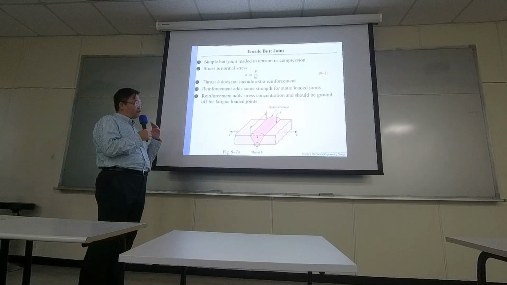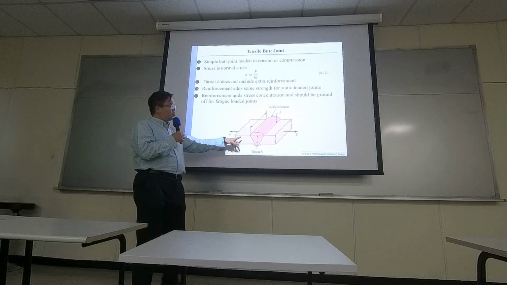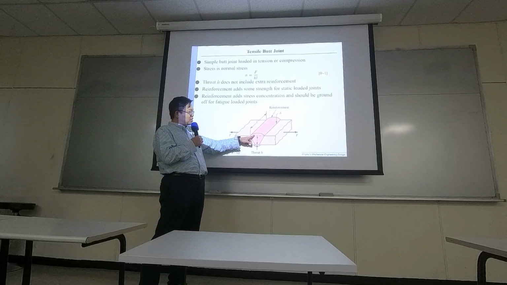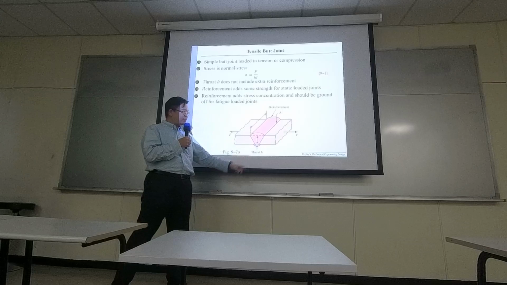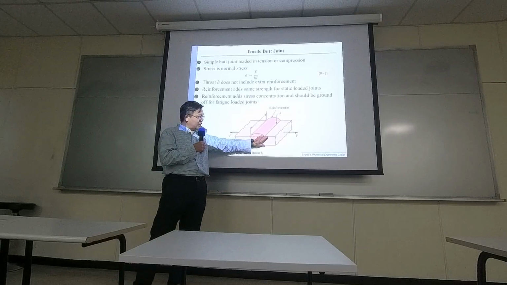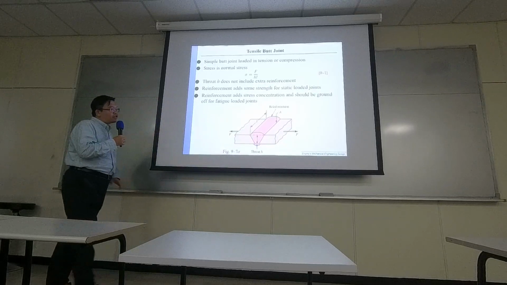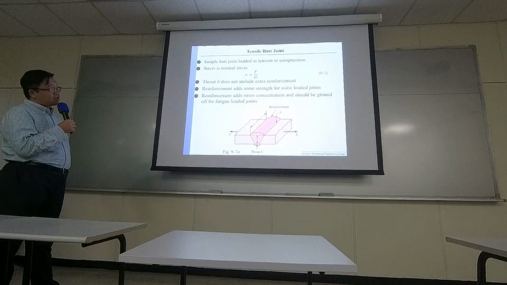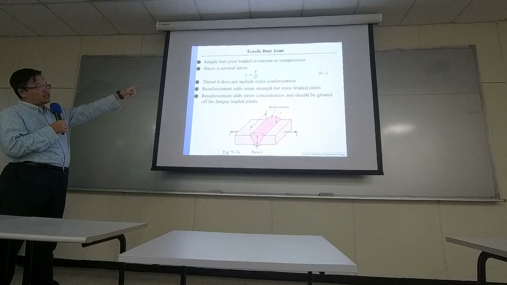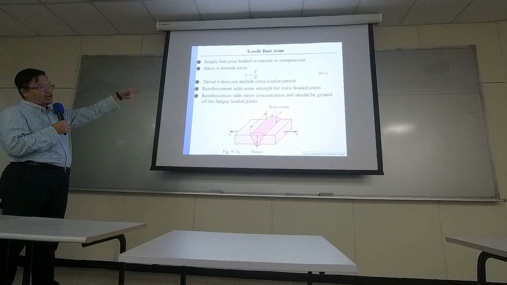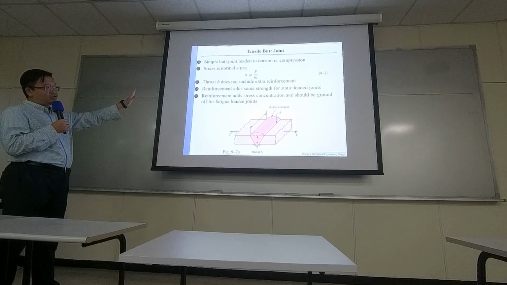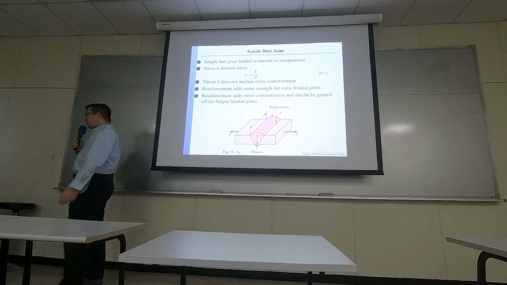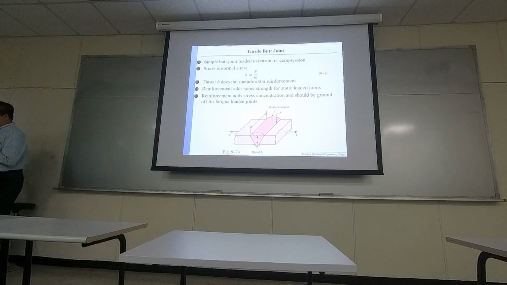So for calculation, we don't consider the extra materials. We focus on the cross-section. Over here, the cross-section is H times L. That's why the stress will be the force over HL. That simple. Okay, for this particular welding joint, it's very simple.